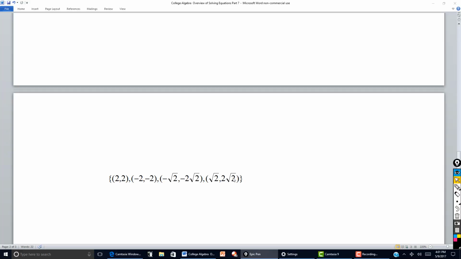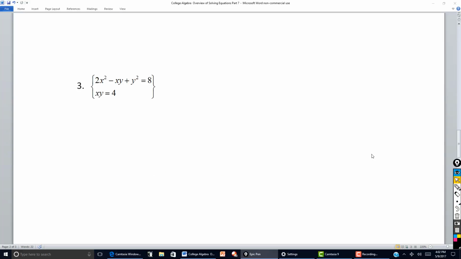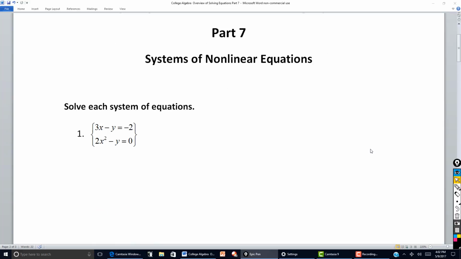So in solving these, you're using elimination, and a little bit of substitution. For example, in the first equation that I did, I could have just solved the second equation for y, and said y is equal to 2x squared.